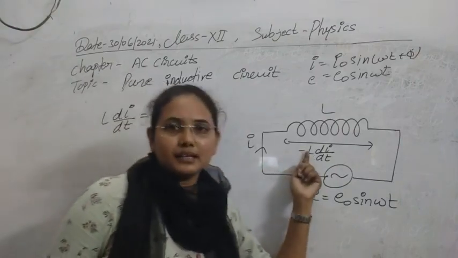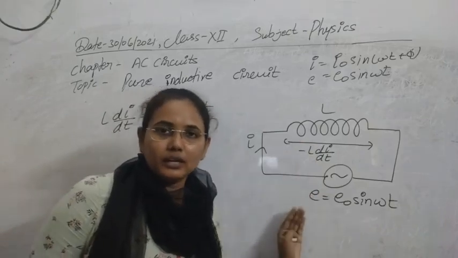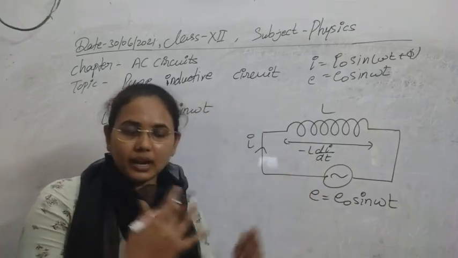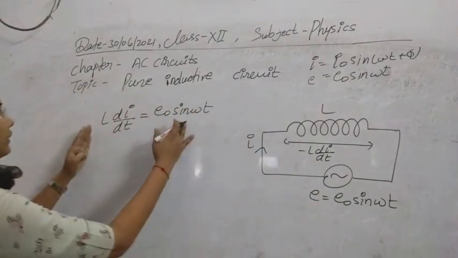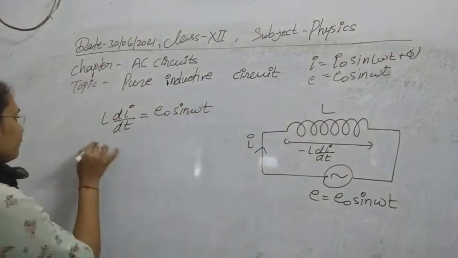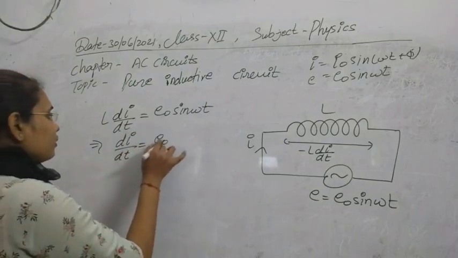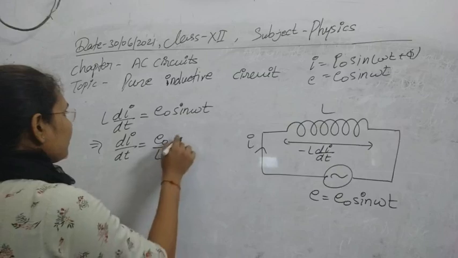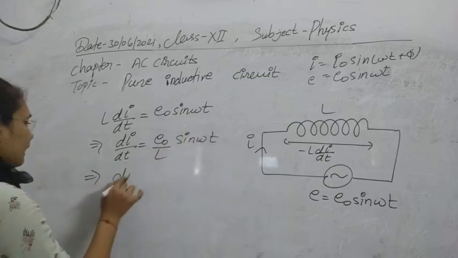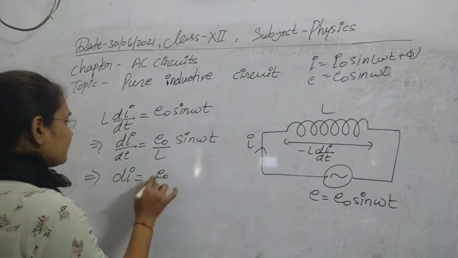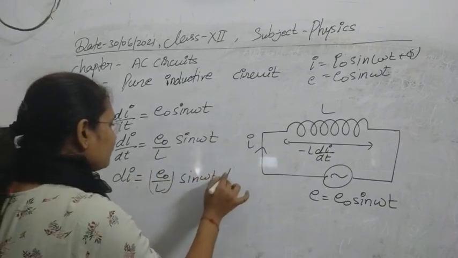Here the minus sign tells us that its direction is opposite to this one, so only the magnitudes are equalized to each other at any instant that we are going to take. Now we have to find the current at any instant t for this kind of circuit. So di is equal to E0 upon L, sine omega t, into dt.